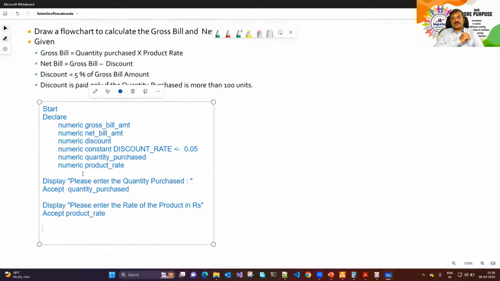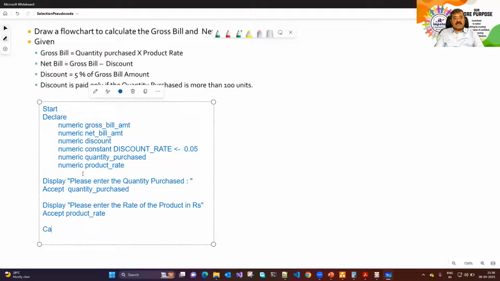Now what are we supposed to do? We had solved this example last time. What should we calculate? Come on. The first thing that you have to calculate would be gross bill amount. Very correct.